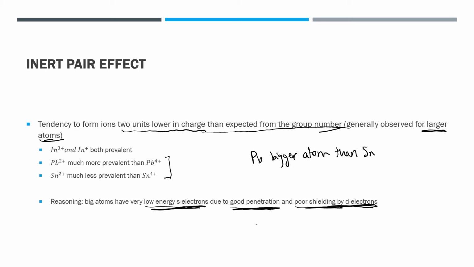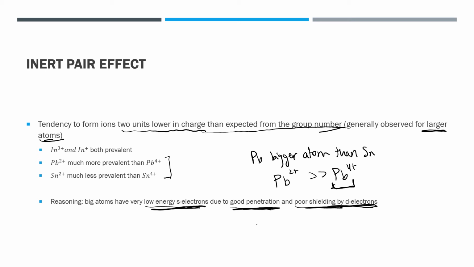Pb2+, lead 2+, is much more prevalent than Pb4+. Why? Because losing those 2 s electrons, which is needed for Pb4+, is not favorable since they're so low in energy. So Pb2+ is much more favorable, and we see Pb2+ much more in nature.